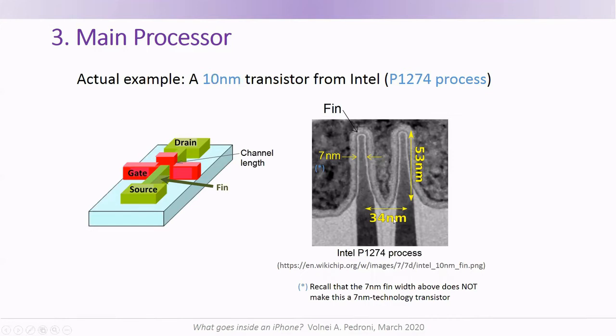Notice that these numbers are all very small, and the fin width is just 7 nanometers. So it does not define the technology node, but it's the whole construction that defines it. But if you want the technology node number to be small, these numbers have to be small as well.